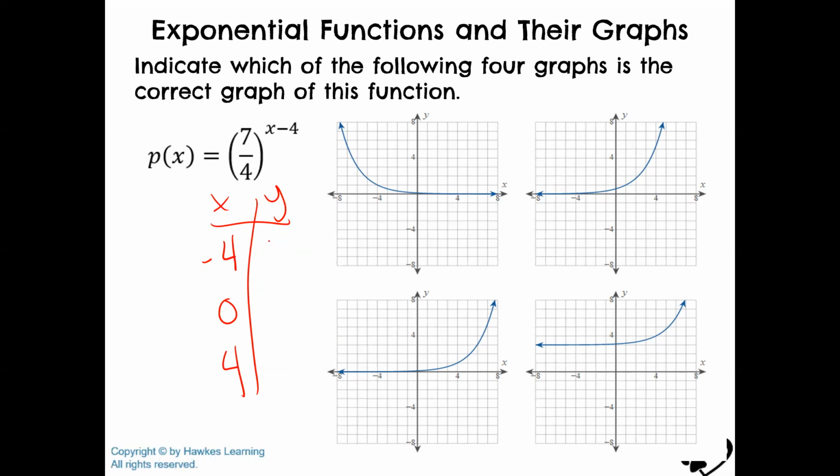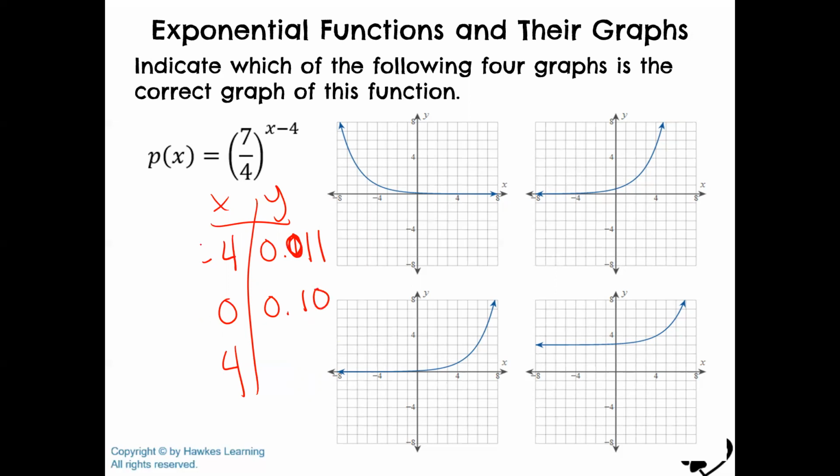So that's a really small number, 0.11. All right, what about 7/4 raised to the 0 minus 4 is -4. That's also a very small number, 0.10. Oh, this is 0.11, sorry.